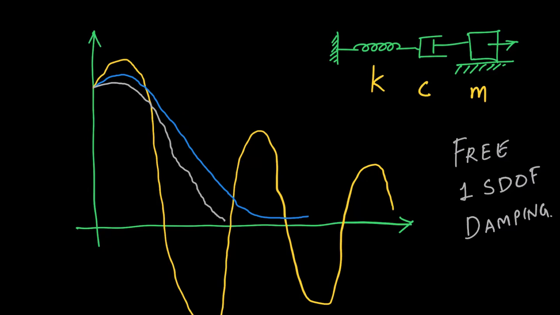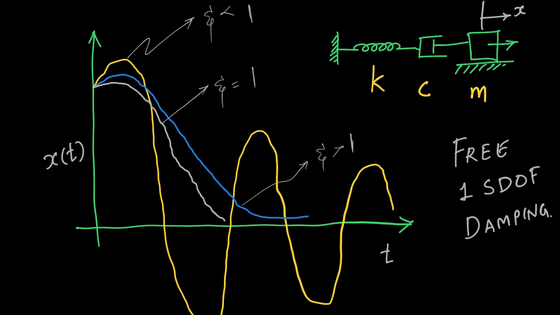According to the amount of damping present in the system, these mechanical systems can be categorized into underdamped systems, critically damped systems, and overdamped systems. What I have shown over here is the response, or in other words, the plot of the displacement x, which is defined like this, with respect to time.